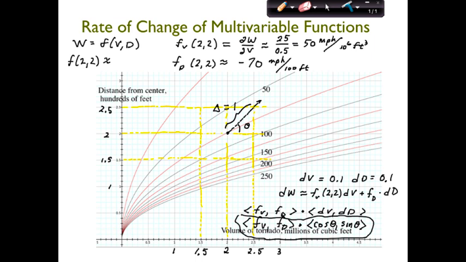An infinite number, in any direction, any combination, any proportion of changes in my two original variables gives me a direction from that center point. And if I do it by cosine theta, sine theta, then I force that change in wind speed to be the same as the rate of change. So now we've got a derivative in any direction, not just the two directions of x and y.